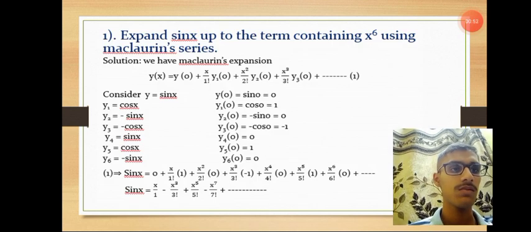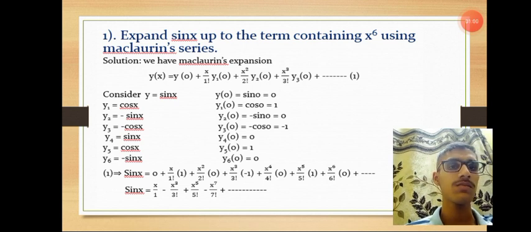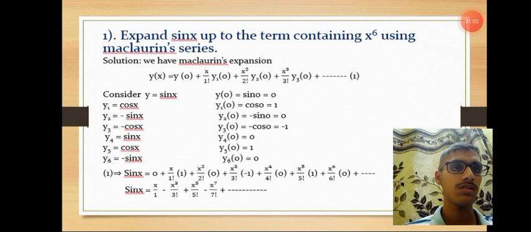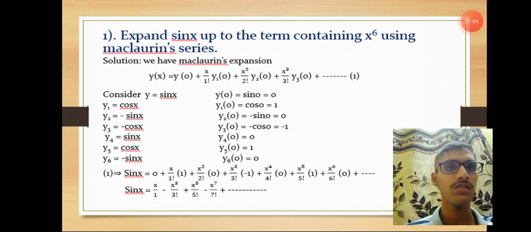Let's see a problem based on Maclaurin series for understanding how to do the problems and substitute in the following equation.